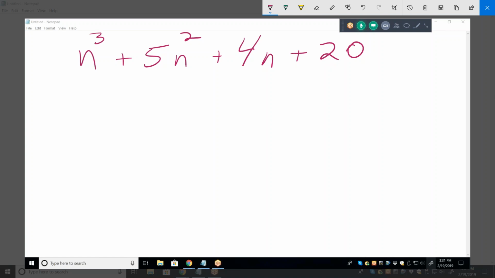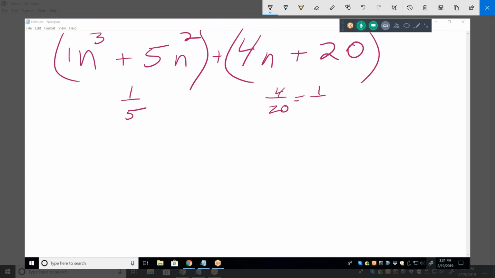This is a very small percentage of cubics that can be grouped. But what you need is the coefficient ratios to be the same. Between this term here, we have 1/5. You see that? And between this term here, we have 4/20, which is also 1/5. As long as those ratios are exactly the same, then you can group it.